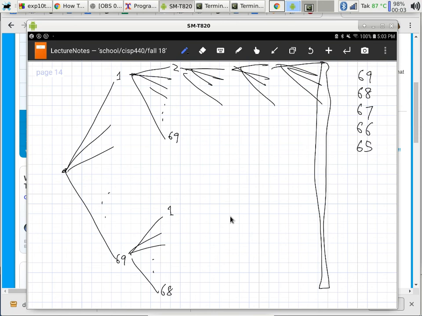So if the first one has 68, the second one has 68, and we have 69 of those things, you end up with 69 times 68 second level nodes. And then we say again, for each node of the second level, it branches out to 67 things. That's why we use multiplication, because of the word for each.